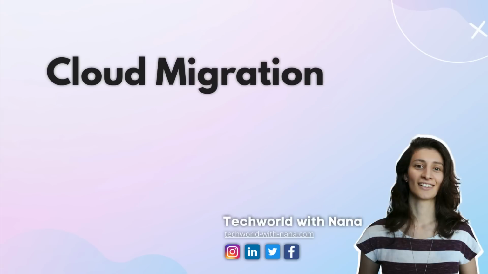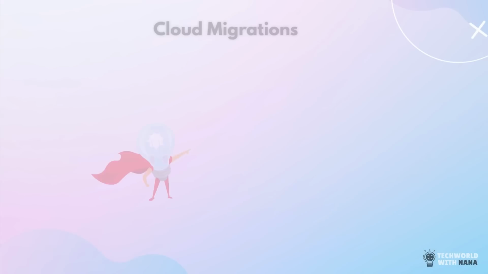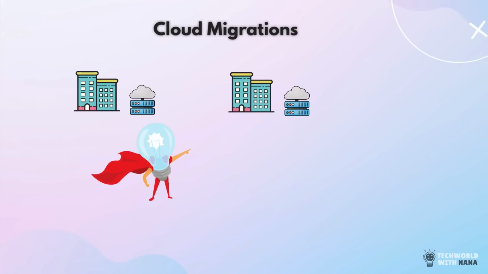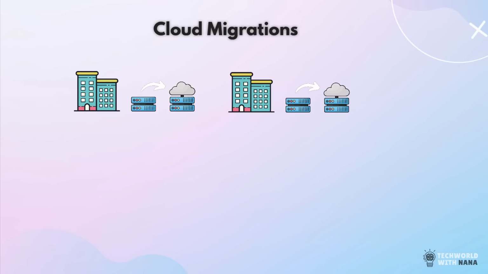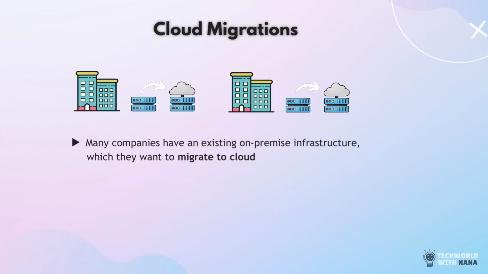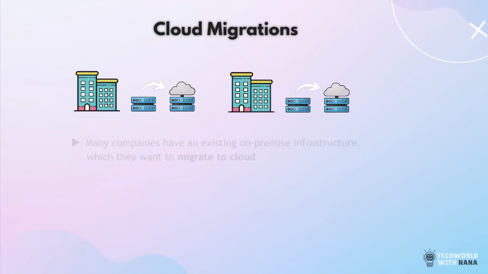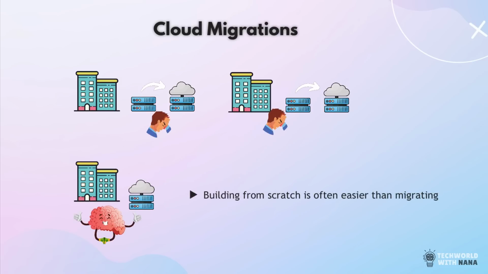Another interesting use case is, as we all know, more and more companies are moving to cloud, but many of them aren't starting from scratch, but rather they have an existing on-premise infrastructure and services, so they want to migrate that to cloud. And building something from scratch on cloud is often way easier than migrating an existing infrastructure to it.